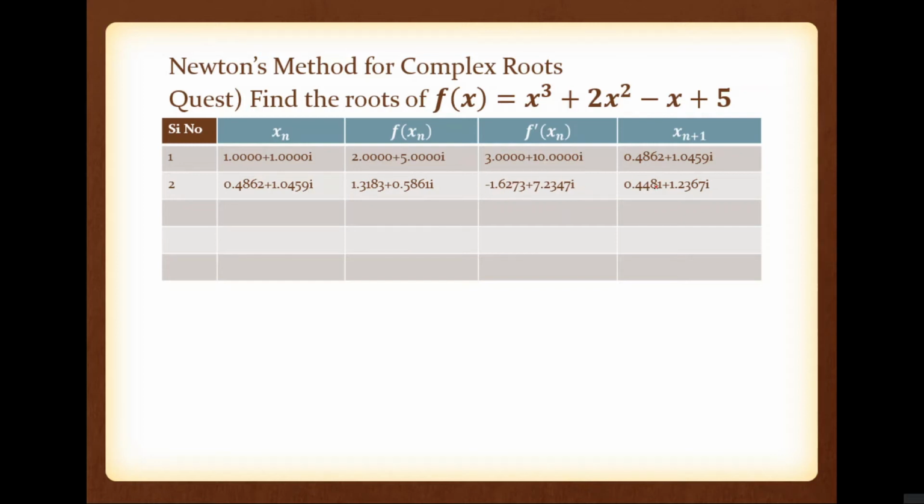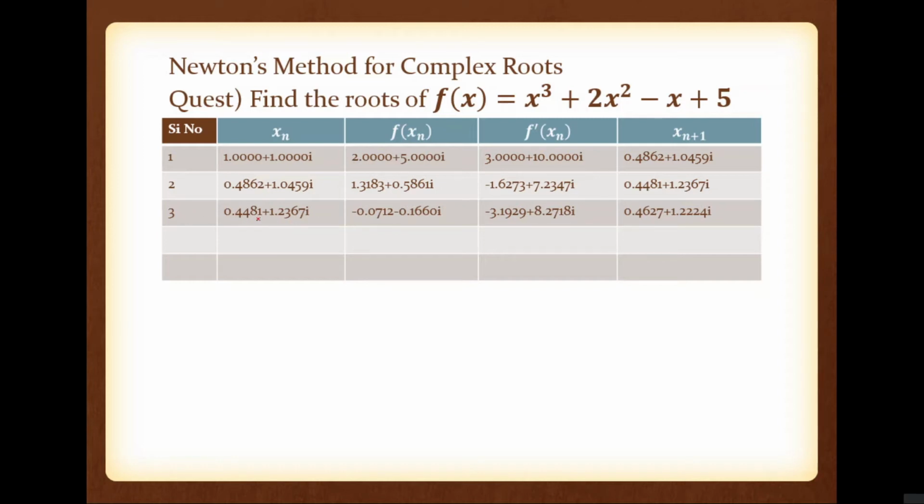So what about xn plus 1? That is xn minus f of xn divided by f dash of xn. So we have 0.4481 plus 1.2367j. Now the third iteration. So 0.4481 plus 1.2367j is xn.